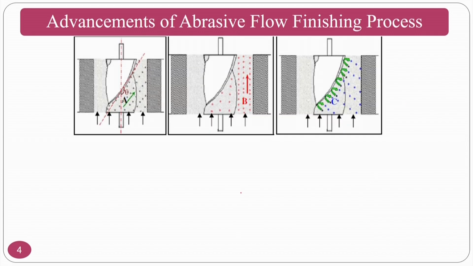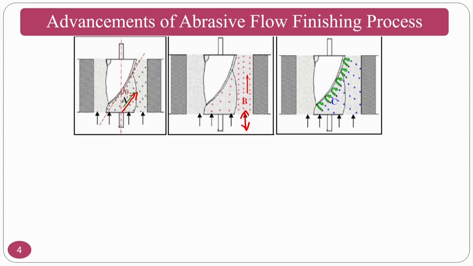These are the common motions that are there in the drill bit guided abrasive flow finishing process. One is because of the flute you will get an inclined motion, and because of the reciprocation you will get reciprocating motion. Because of the flute's 3D curvature you will get a scooping flow.